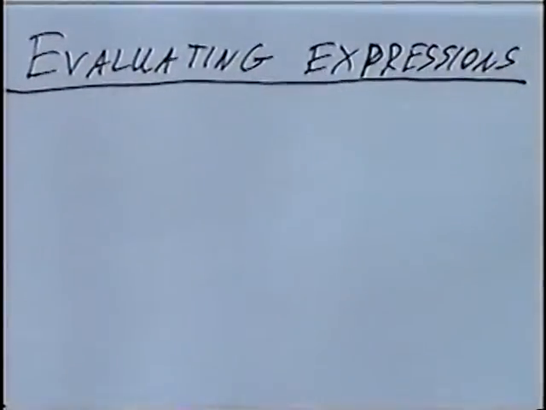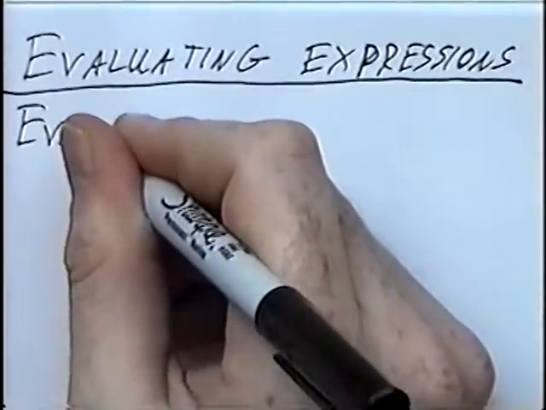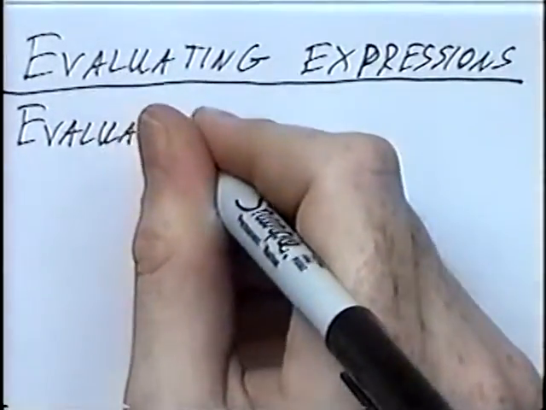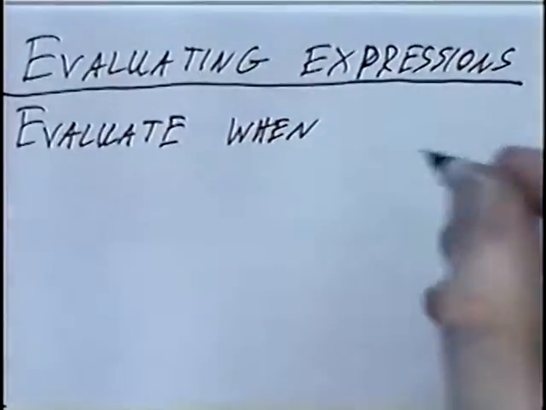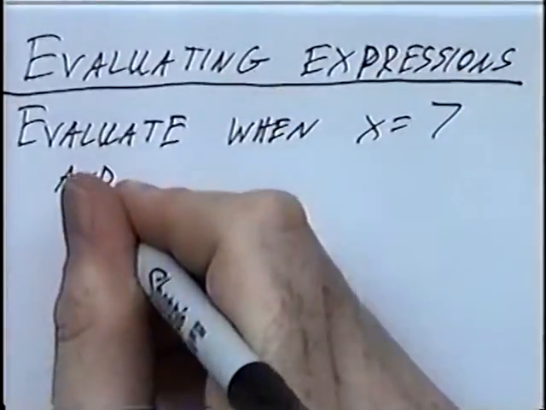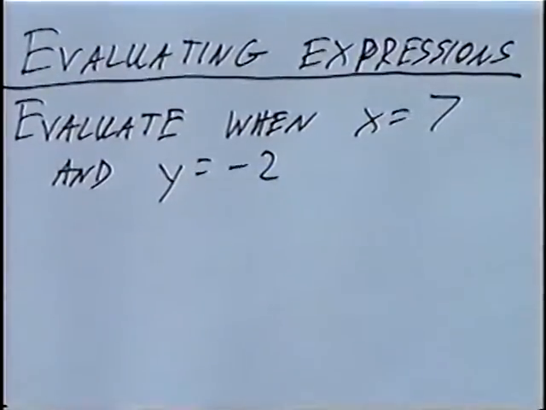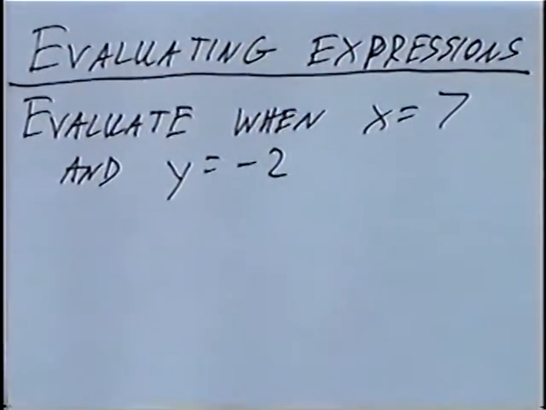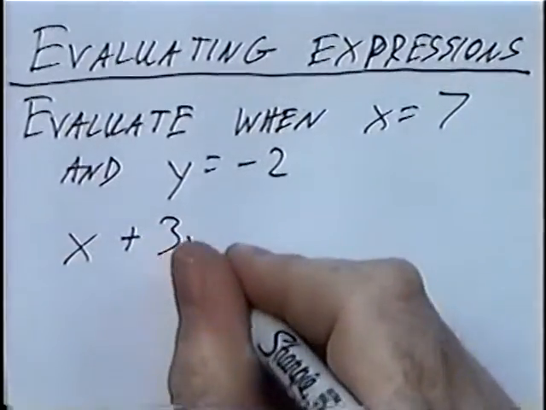The directions or instructions for this problem is evaluate when x equals 7 and y equals negative 2. First problem or first question is x plus 3y.